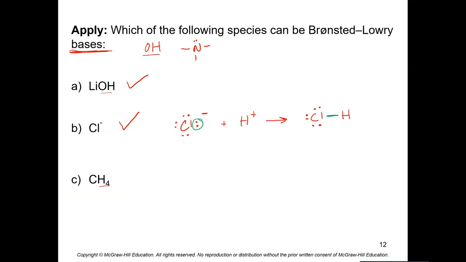So that means that it either needs to have an OH or lone pairs that it can donate. So let's see what CH4 looks like. The Lewis dot structure looks like this. There are no lone pairs here on carbon that can bond with a proton, with H plus, that can accept a proton. So for this reason, CH4 is not a base.